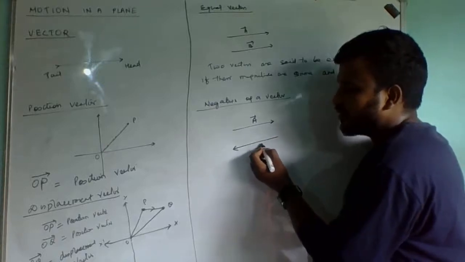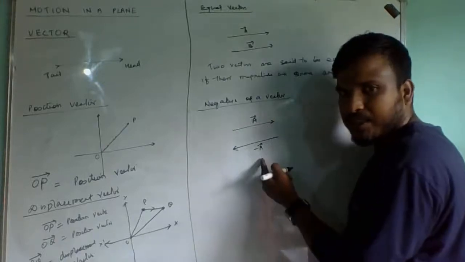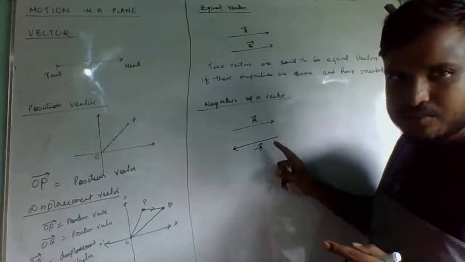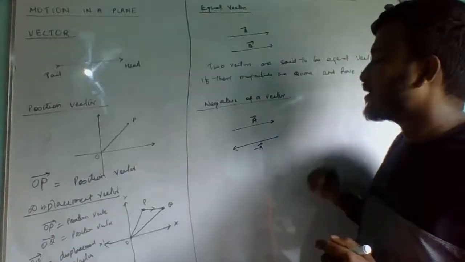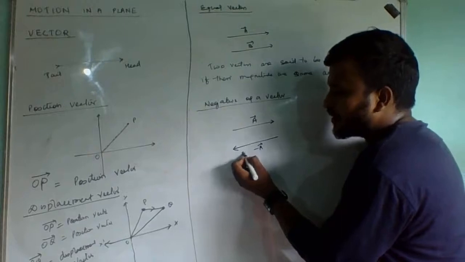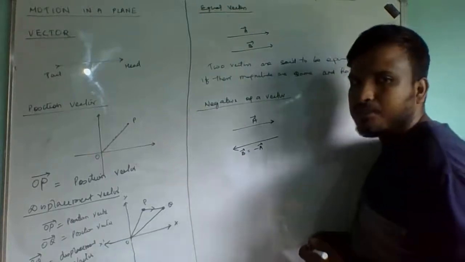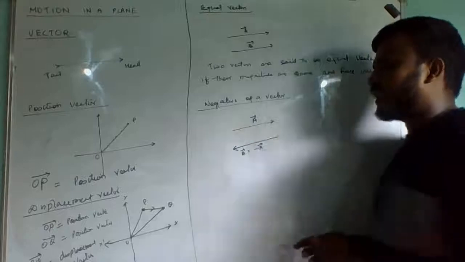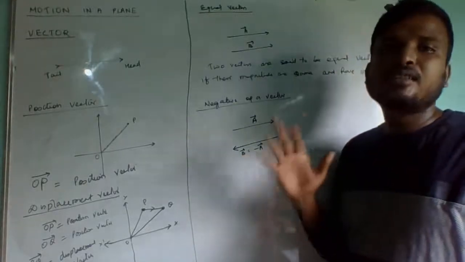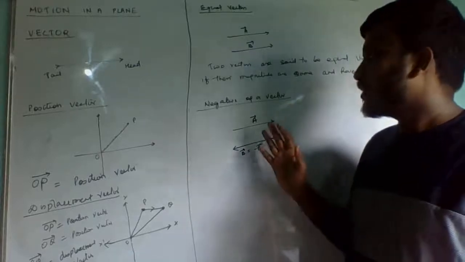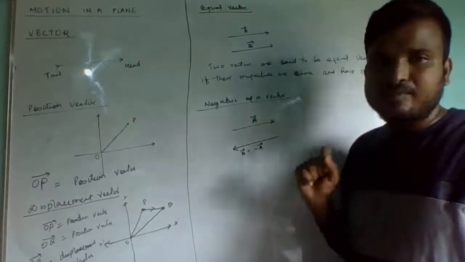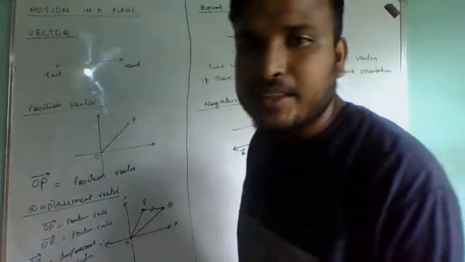But are these two vectors the same? Answer is no. Because although they are equal in magnitude, their directions are not the same, and since their directions are not the same, they are not equal vectors. That is why this vector can be represented by another name, B vector, B vector equal to minus of A. So B vector is called the negative of A vector.